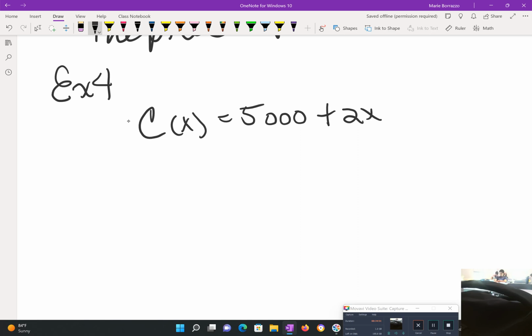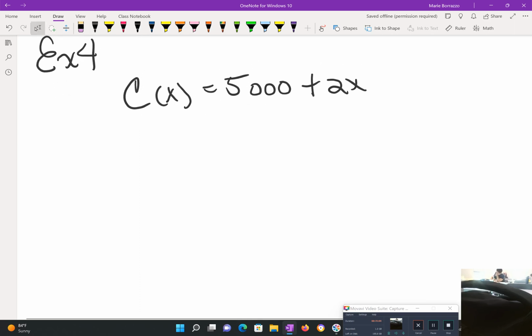What is the company's maximum profit? And what should the company charge for each marker and how many markers should be produced? It's actually very easy.